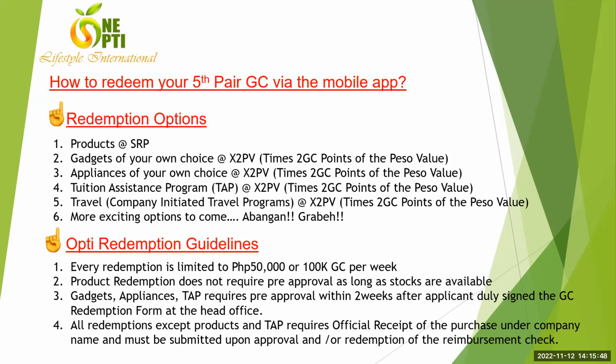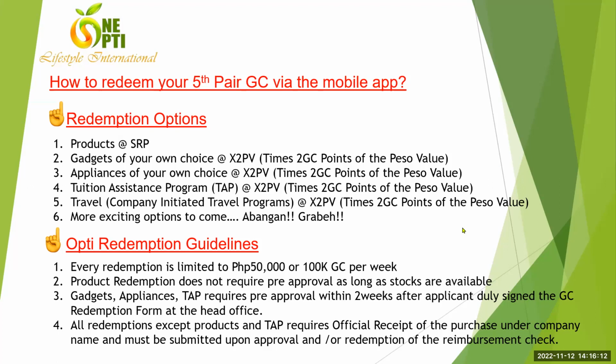So, what should be included on the receipt? First, it should be under the company name, One Opti Lifestyle International OPC, and the official receipt should not show your name. It has to be under the company name in order for you to take advantage of this particular option.